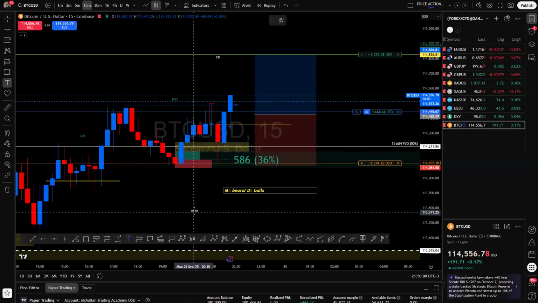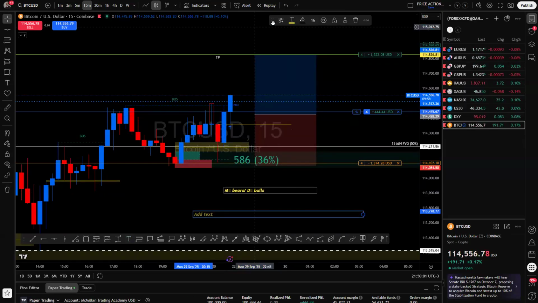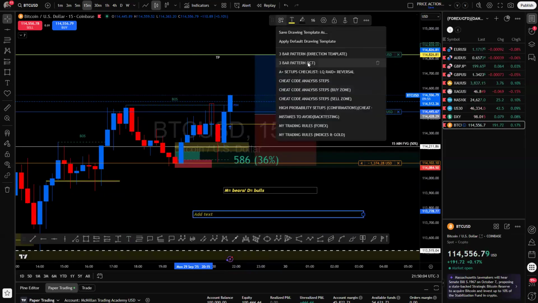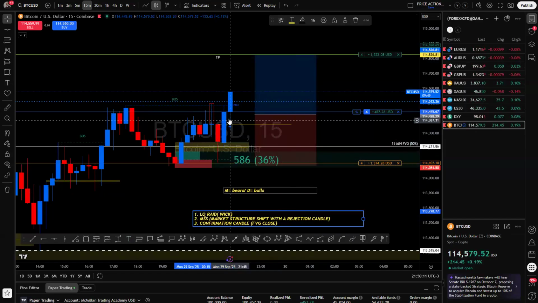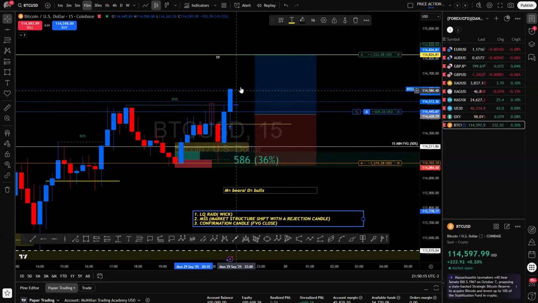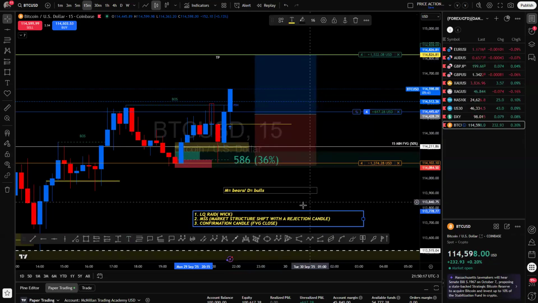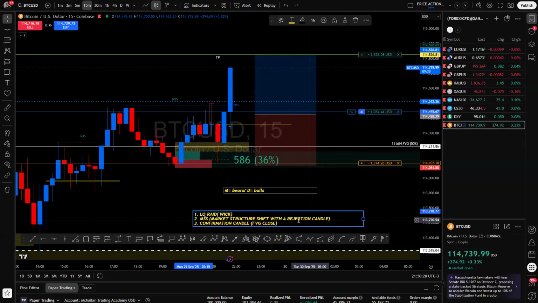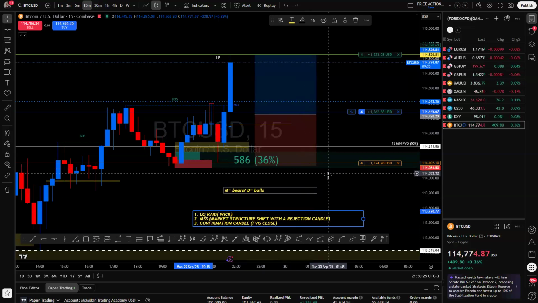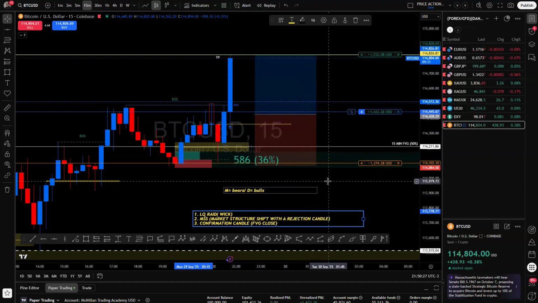Let me post this real quick. So we got our liquidity wick here, wiped out this low. Rejection candle with a fair value gap, and then we had a fair value gap close here. And that's the reason why we're actually in profit right now. We are probably going to hit our TP. Look at that. Let's see, snap our TP.